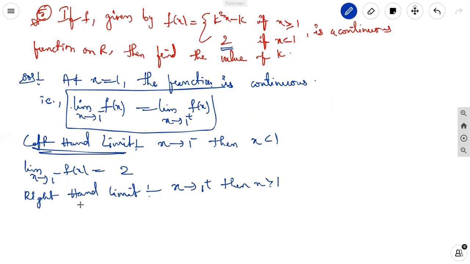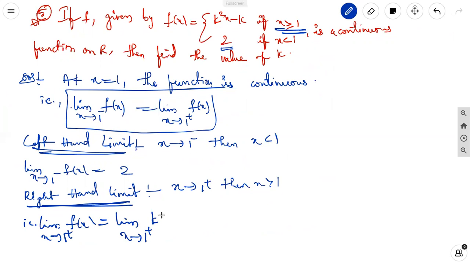So limit x tends to 1 plus f of x is equal to limit x tends to 1 plus k square x minus k. Here, in the place of x we can take 1, so it is equal to k square minus k.